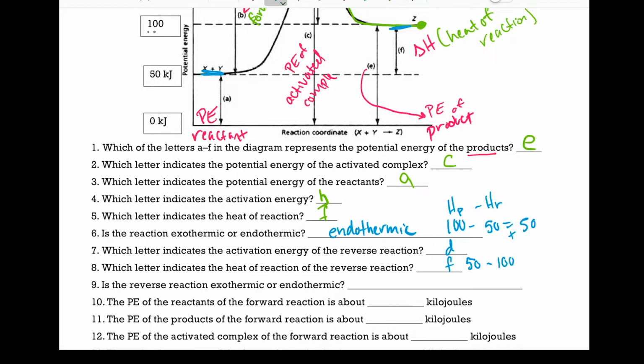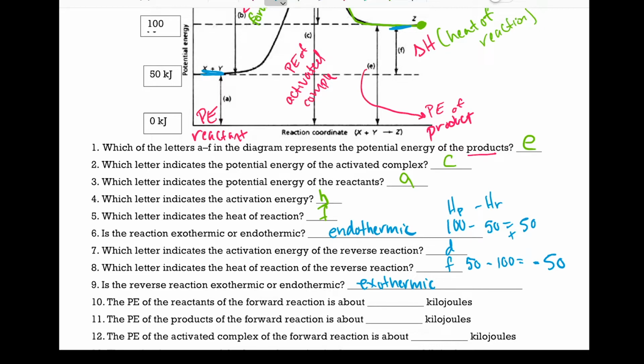Our reactants have 100, and now you have negative 50 as your delta H value. So that makes it exothermic. So if you're looking at just the picture alone, you're exothermic if you end lower than where you started. Because you're ending lower than where you started, that means energy had to be lost or released somewhere.